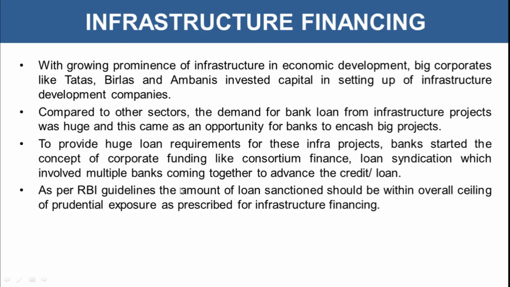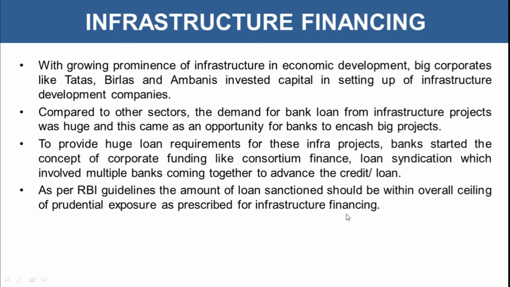As per RBI guidelines, the amount of loan sanctioned should be within the overall ceiling of prudential exposure as prescribed for infrastructure financing. So infrastructure also comes under priority sector lending. This is one of those sectors which is quite related to the development of any economy.